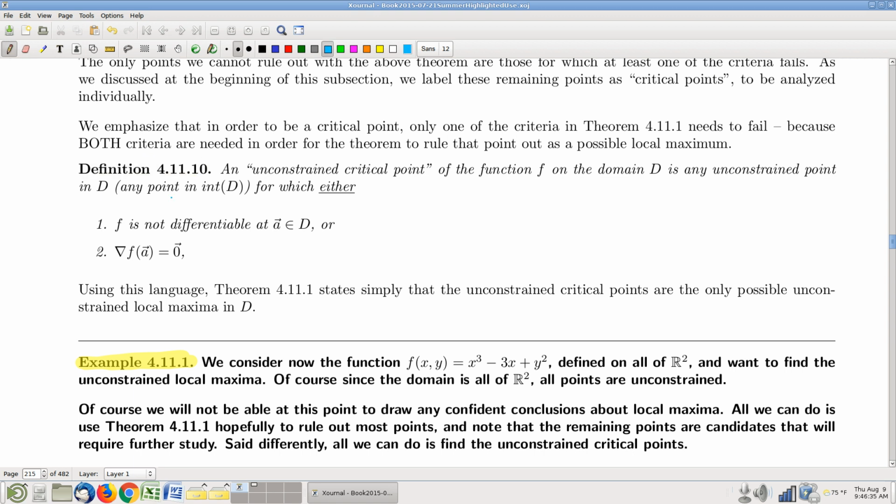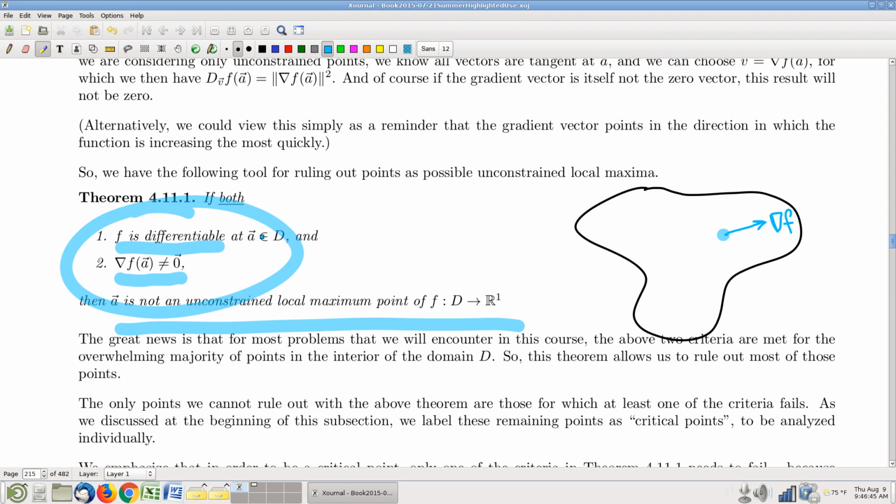And very simply, they're just points where one of the above conditions fails. Either the function fails to be differentiable. We do not have any information about what the gradient vector, if it even exists, might mean. If the function's not differentiable, the gradient doesn't mean squat. Or here's another possibility.